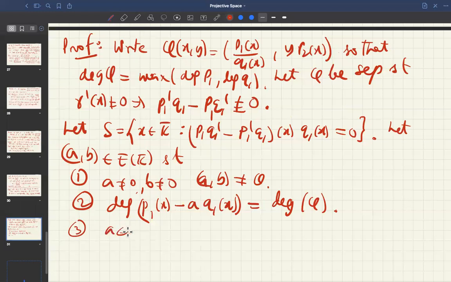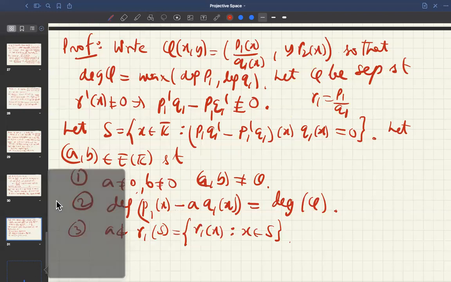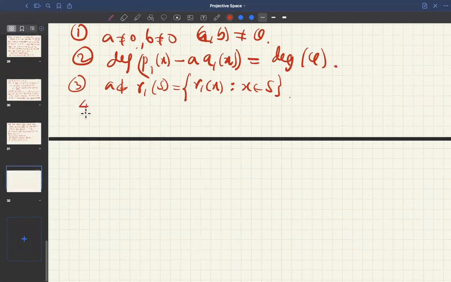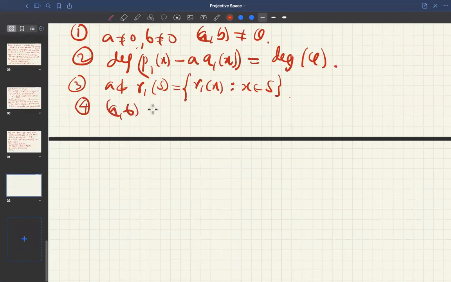The third property: here r1 is p1 by q1, so a is not in r1(S), where r1(S) means r1(x) such that x is in S. And (a,b) is in phi of E(K bar).